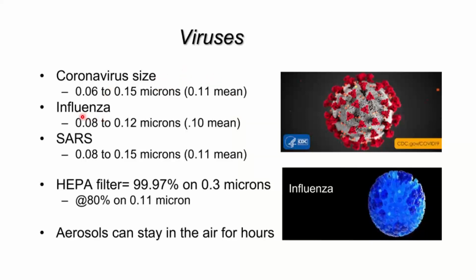Well, other stuff like the flu virus, and it sounds stupid, but the original SARS before we had the coronavirus causing SARS. Well, I guess the original SARS virus was a coronavirus also. But all these guys, you see they're in the same kind of general bucket of size. So if I can design a filtration system to catch one thing, it'll help me with others.